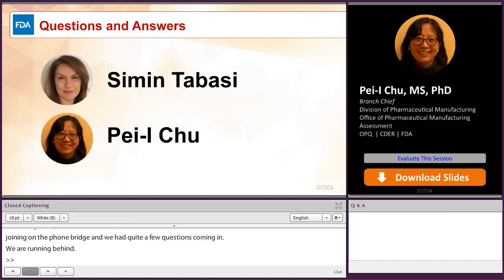Our next question is: if a reference listed drug is showing an increase in impurity, can that be used as a reference to justify an ANDA application? USP limit. If it's higher than the ICH Q3B limit, then we go first with the USP limit.